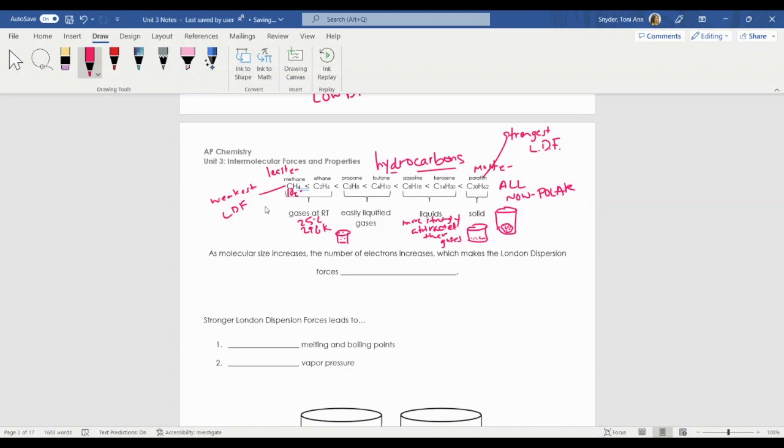So as molecular size increases, the number of electrons increases, which makes the London dispersion forces stronger. And really what it comes down to is this number of electrons, right? More electrons equals stronger London dispersion forces.